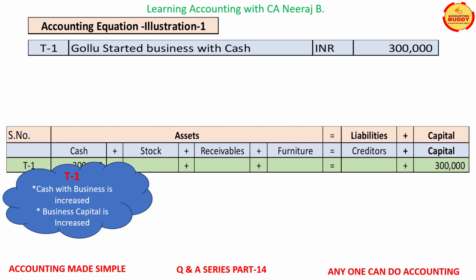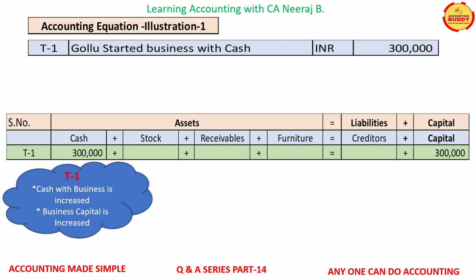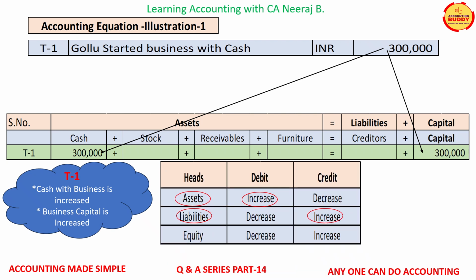Therefore, 300,000 increase in cash will be shown on the left hand side and 300,000 increase in capital on the right hand side of the accounting equation.